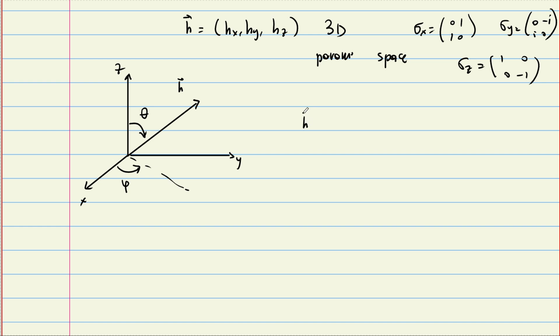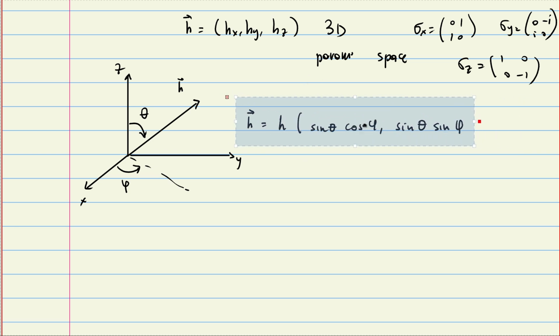So let me write H like so. There's some magnitude times sine theta cosine phi, sine theta sine phi, which is going to be y, and the last component is going to be just cosine theta.